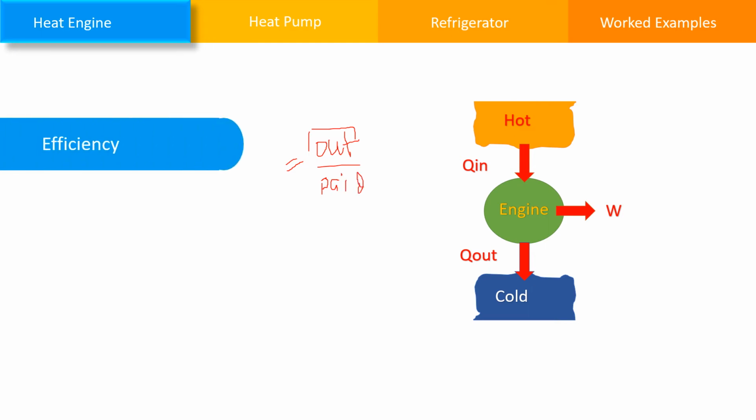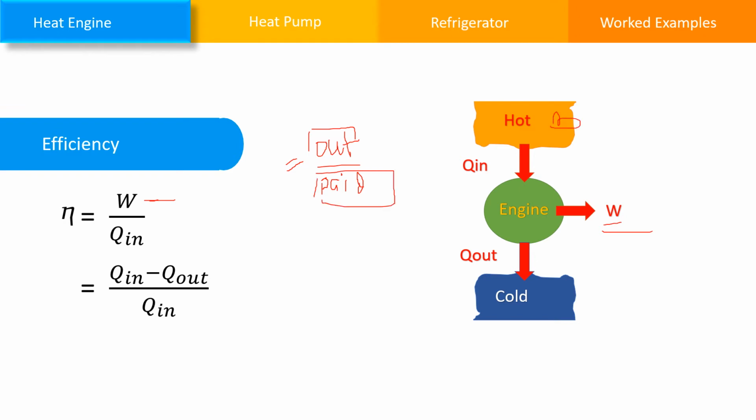In the case of a heat engine, the efficiency is calculated by W, which is my work or electricity output of any power plant, divided by the fuel. It may be nuclear fuel, or maybe coal, maybe petrol, whatever I have paid for. So that will be the Q in, right? By energy balance, I can write W as Q in minus Q out. So this is another formula for efficiency, Q in minus Q out upon Q in. Both of these can be used to find efficiency.